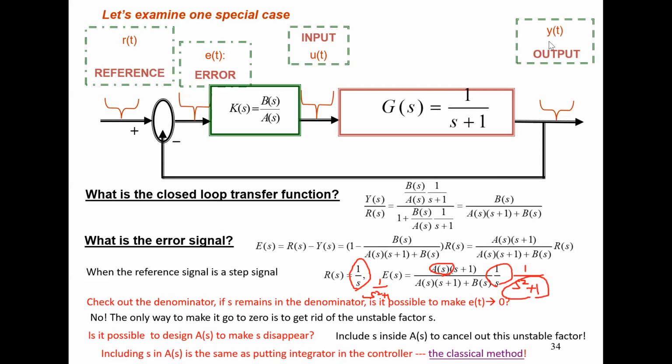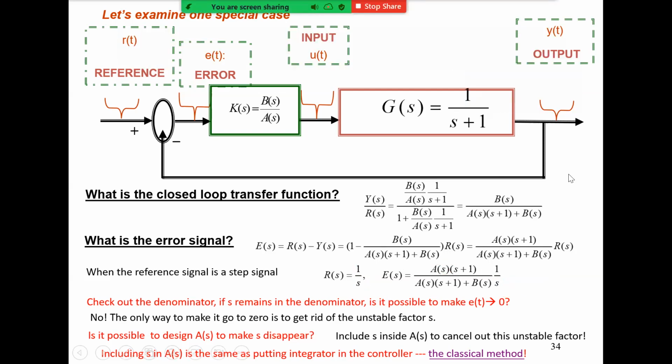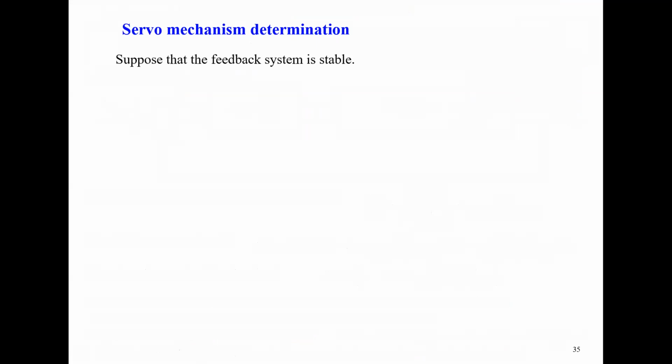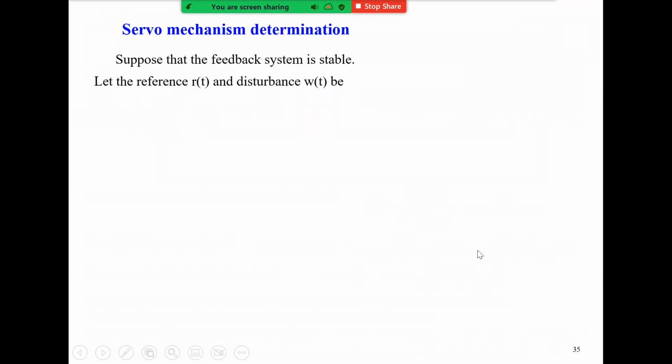for the general solution. Okay, so the servo mechanism determination, we say it is important to find out what are the unstable factors in your reference signal. Okay, we suppose the feedback set is stable, right?